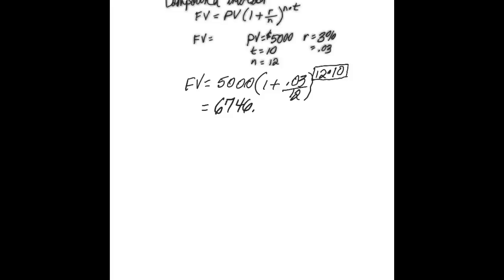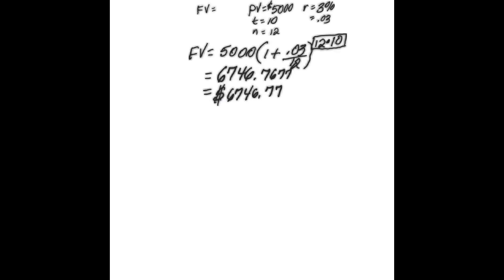So my decimal is 7677. So I'm going to round that to $6,746.77. And that is exactly how you would plug it into the Blackboard, except for the dollar sign is already given to you.